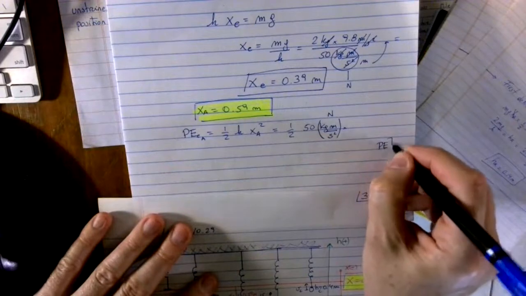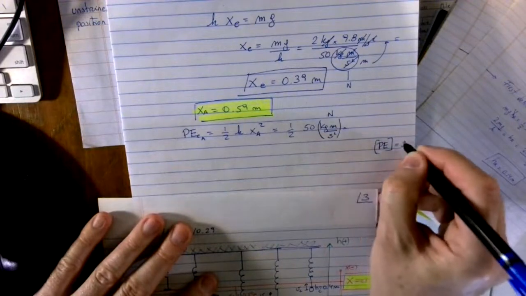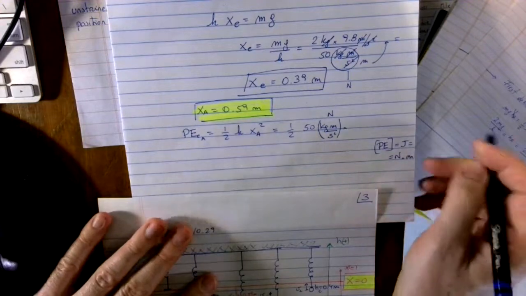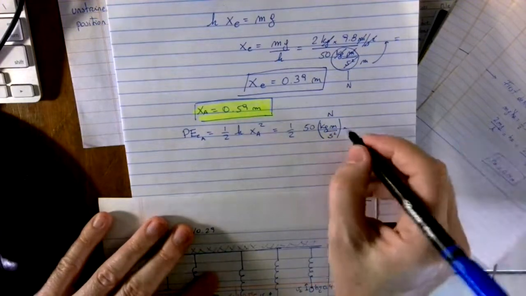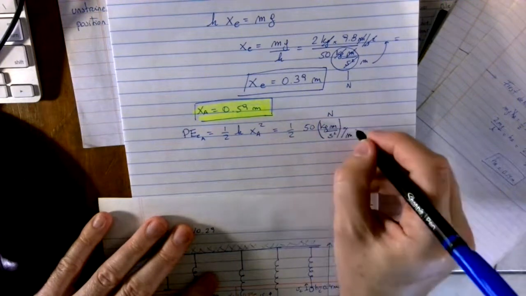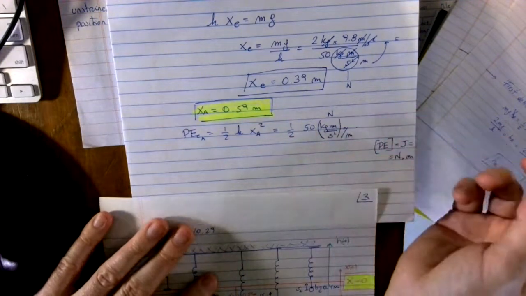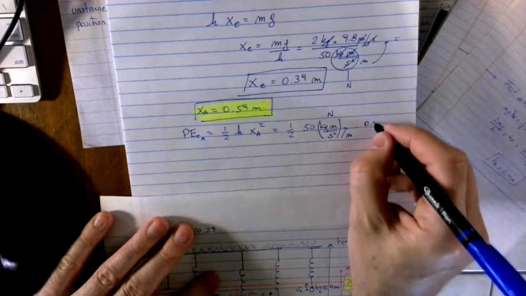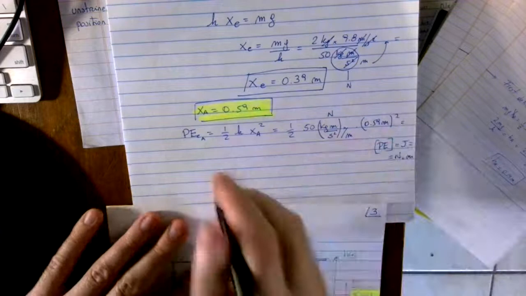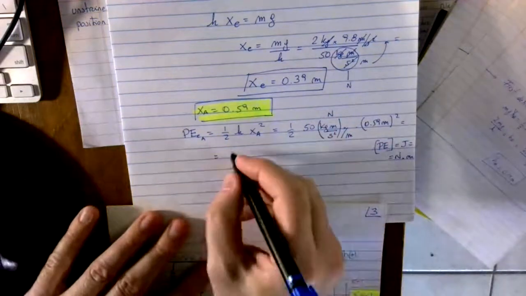The potential energy is an energy, and joules is Newton times meter. So it's better here to leave it in meters and newtons, because that's what we want to get. 0.59, and this is actually squared. Let me write it down.